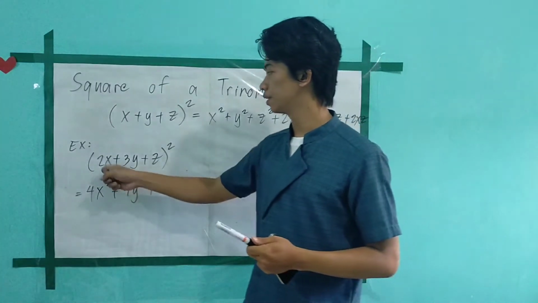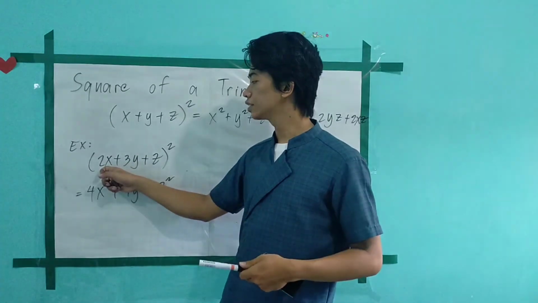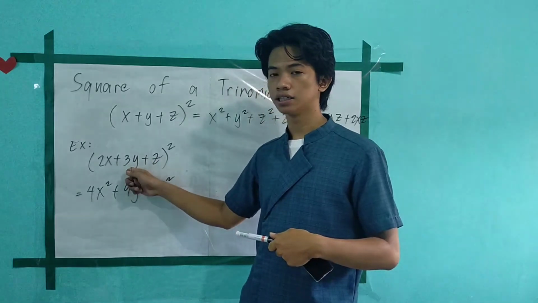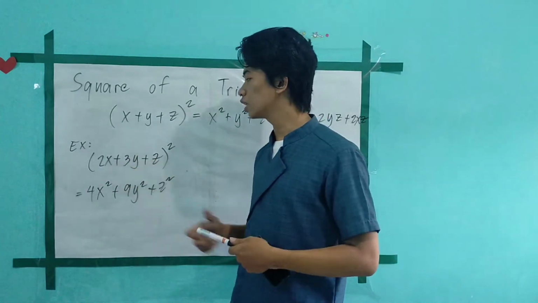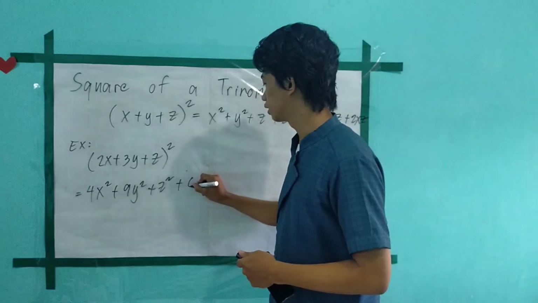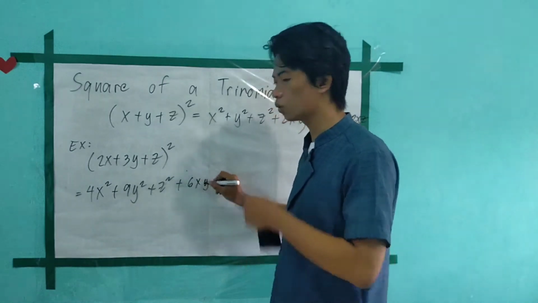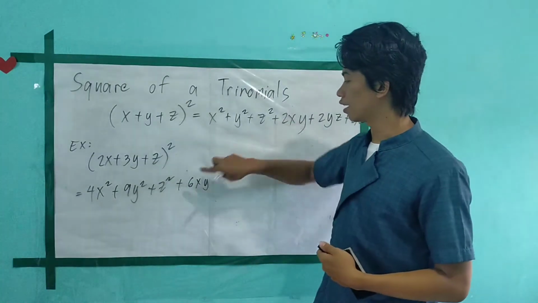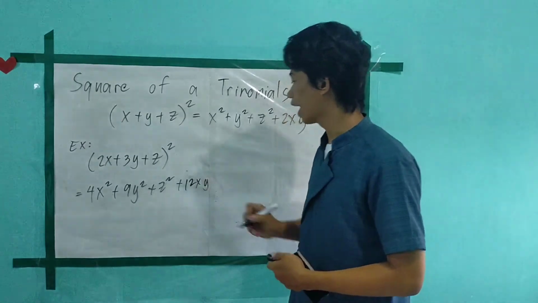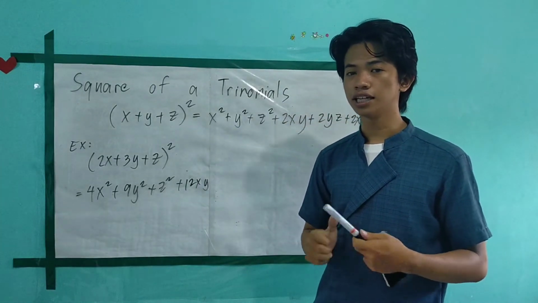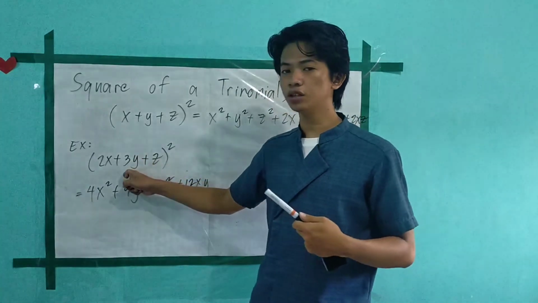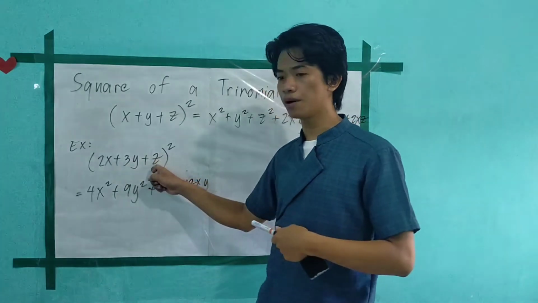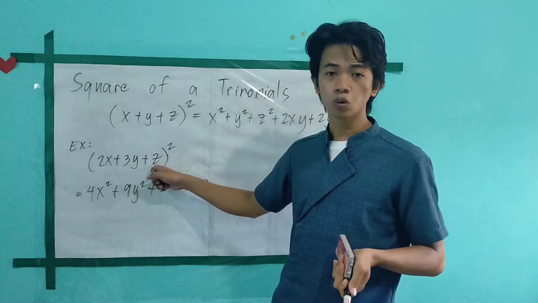Next, for the fourth step, multiply the first term and the second term. So 2x multiplied by 3y, 2x times 3y is 6xy. However, we multiply it by 2. So our answer is 12xy. Next, for the fifth step, multiply the second term and the third term. So 3y multiplied by z, 3yz.